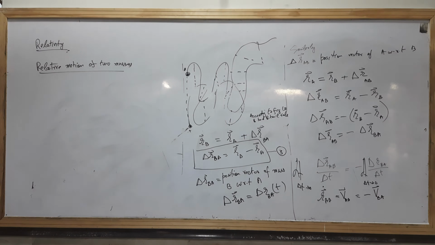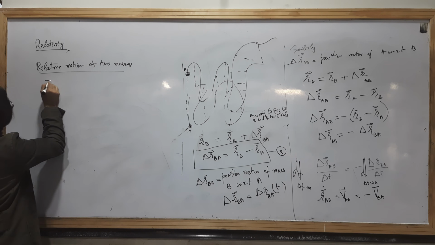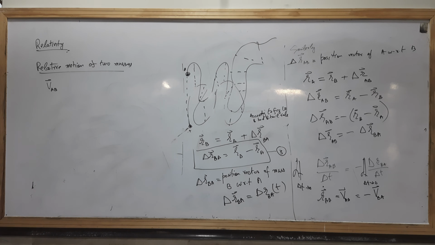Actually, we have to find the value of VAB. That is velocity. Now we are not using the origin.